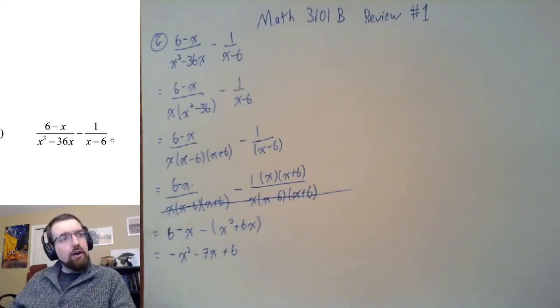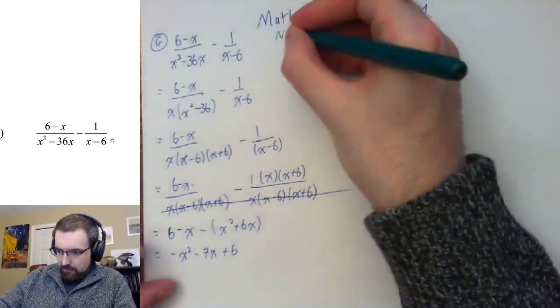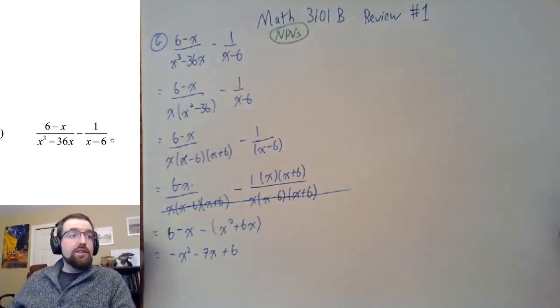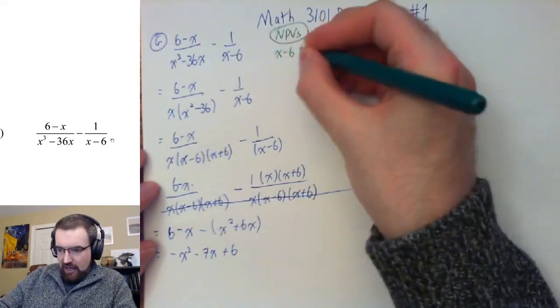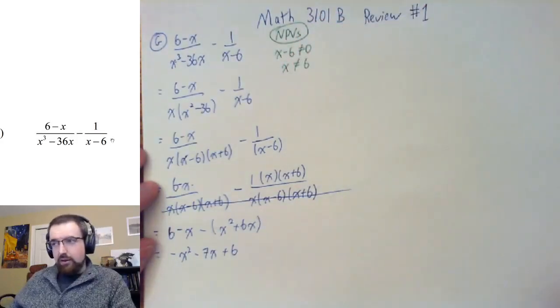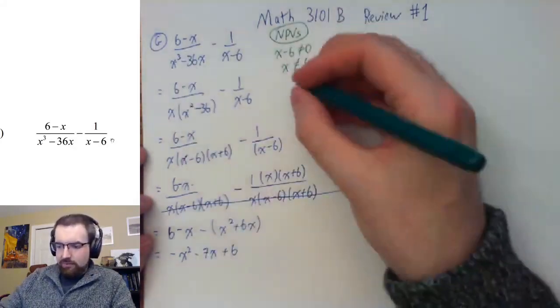All right, but now what are our NPVs? Well, we know NPVs are any situation where the denominator is equal to 0, right? So the NPVs here, what we have is x minus 6 cannot equal 0, which means x cannot equal 6. That's pretty straightforward. And we've got this one over here as well.